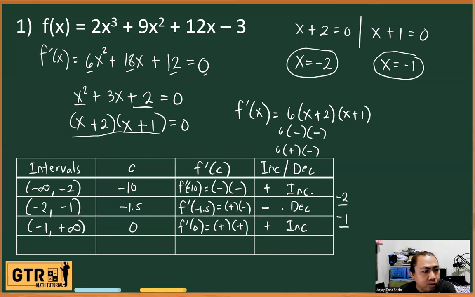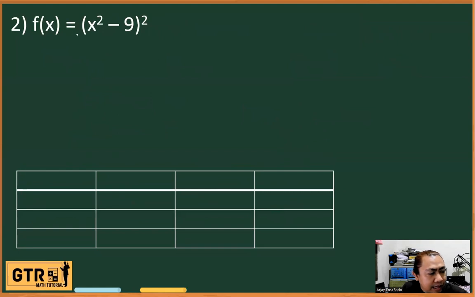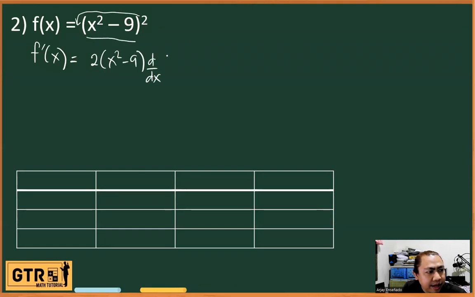Okay, so let's try number 2. We have f of x equals x squared minus 9, all squared. First step, find the critical points. We have f prime of x equals, let's use the chain rule for this. Since we have an exponent, multiply the exponent: 2 times x squared minus 9 to the power of 2 minus 1, and then times the derivative of u, the base, which is the derivative of x squared minus 9.